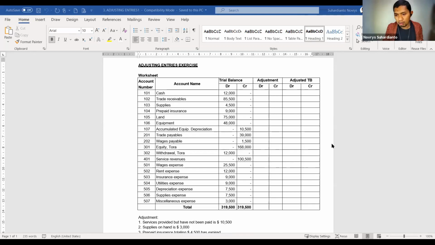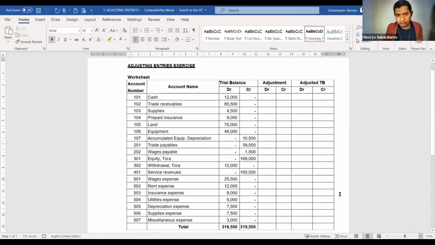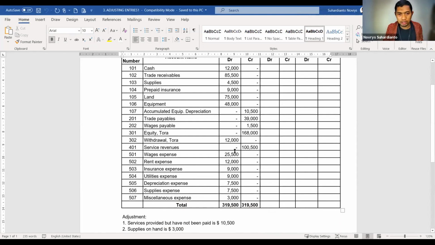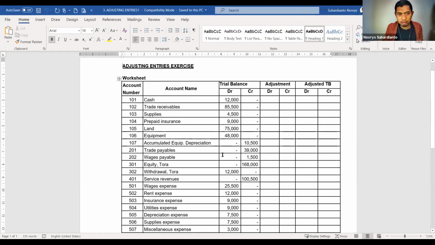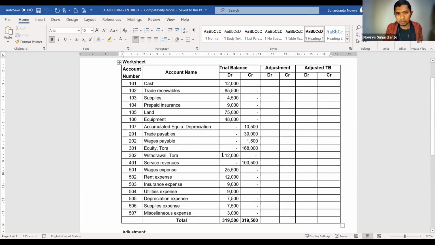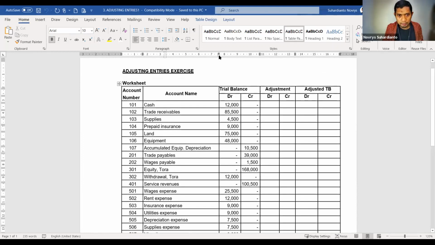I already posted this brief practice exercise on Aula, so you can work on it after the class to review your understanding.